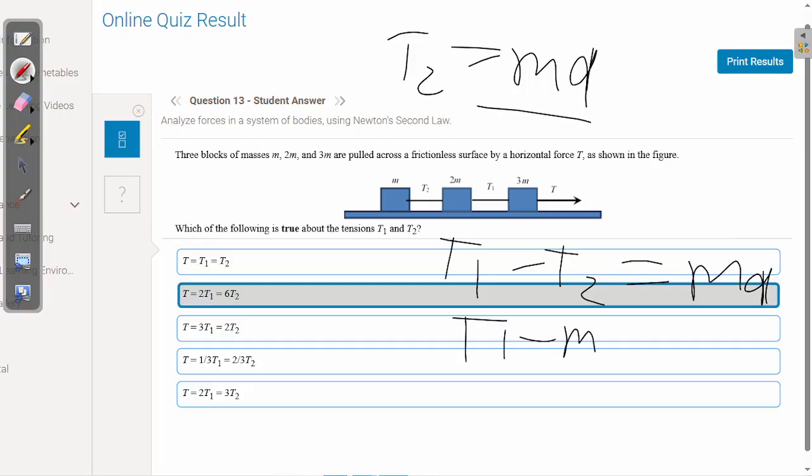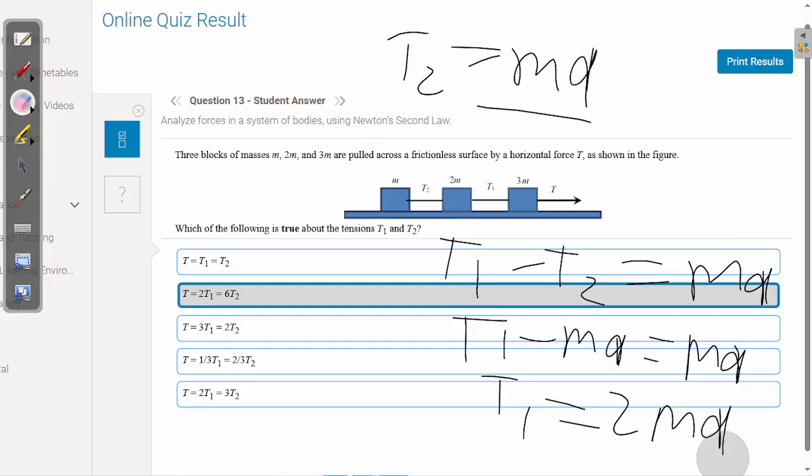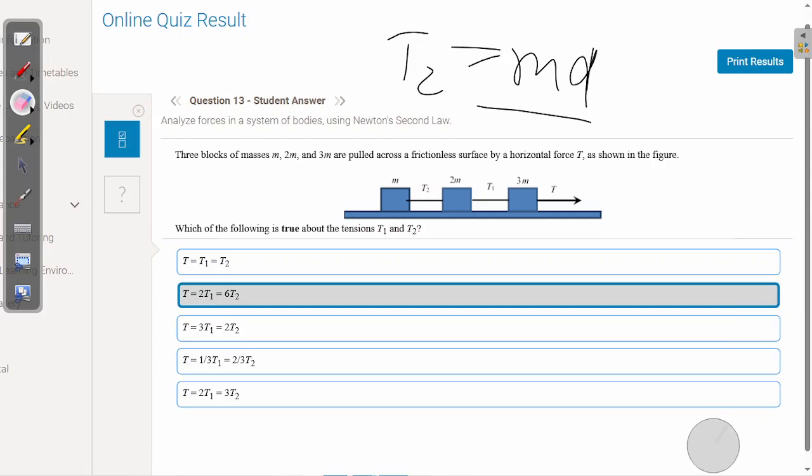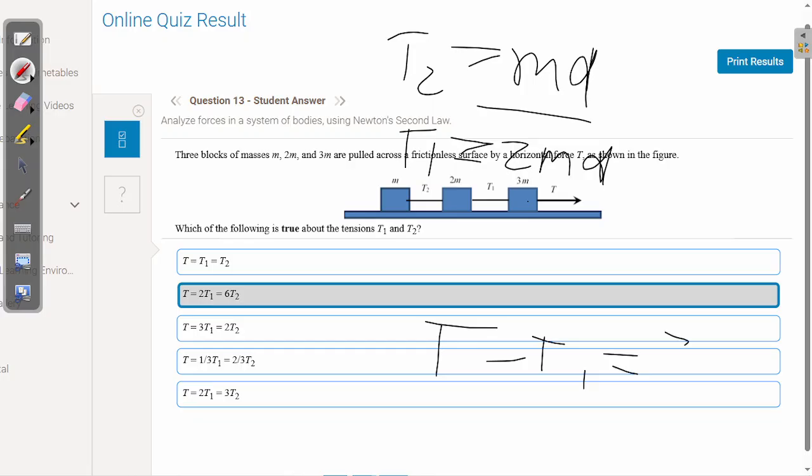T1 minus MA equals to MA, so T1 is equal to 2MA. Okay, let's start it here. T1 equals to 2MA. Now here T minus T1 is equal to 3MA.